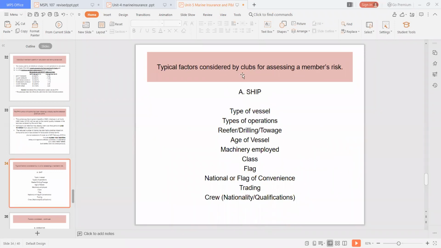Typical factors considered by clubs for assessing a member's risk: ship, type of vessel, type of operations (reefer, drilling, towage), age of vessel, classification society, flag, national or flag of convenience (FOC), trading, crew nationality and qualifications.